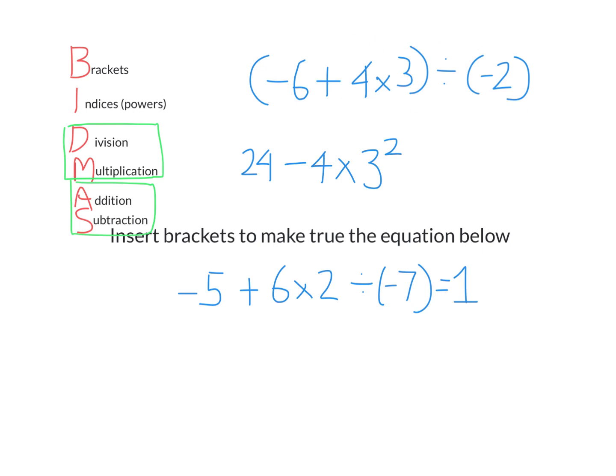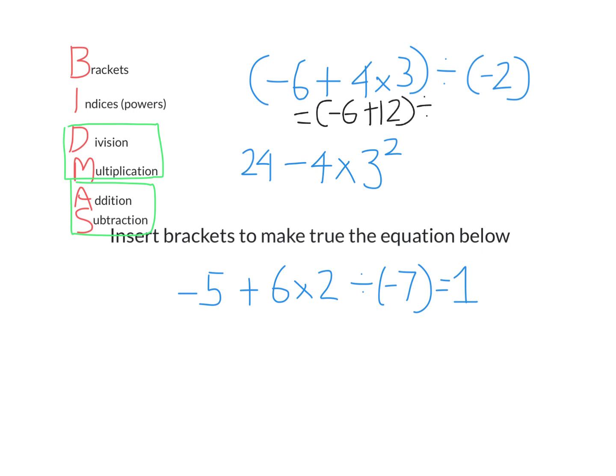Well, we have some brackets, so we need to do what occurs in the brackets first. So in the brackets, we have -6 plus 4 times 3. We have 2 operations, plus and times. We do times first. We do multiplication before addition. So my next line of working out, I'm going to leave the -6 alone. 4 times 3 gives me 12.